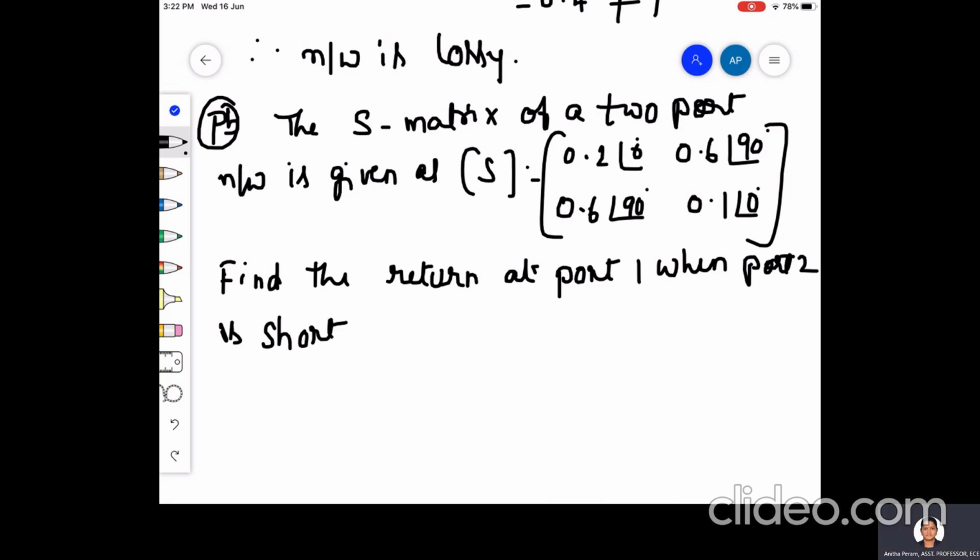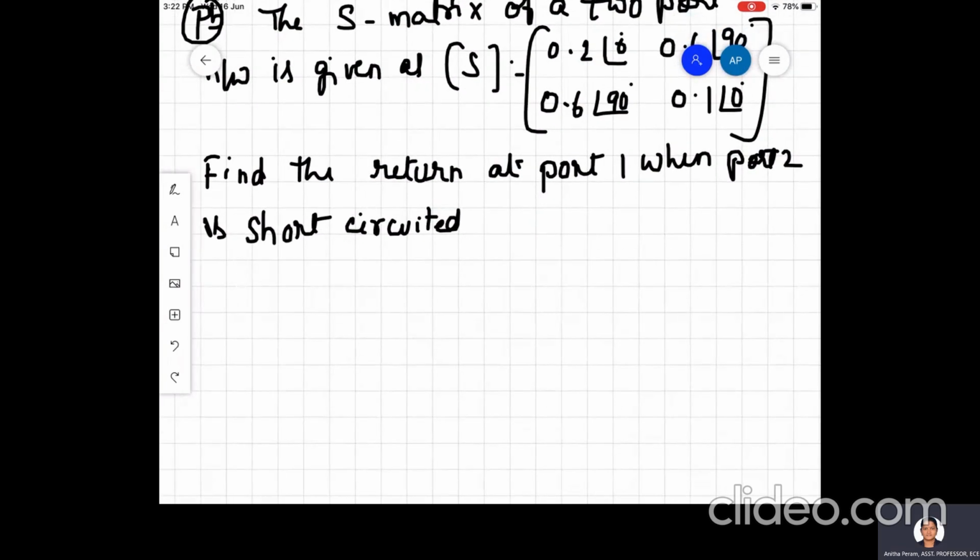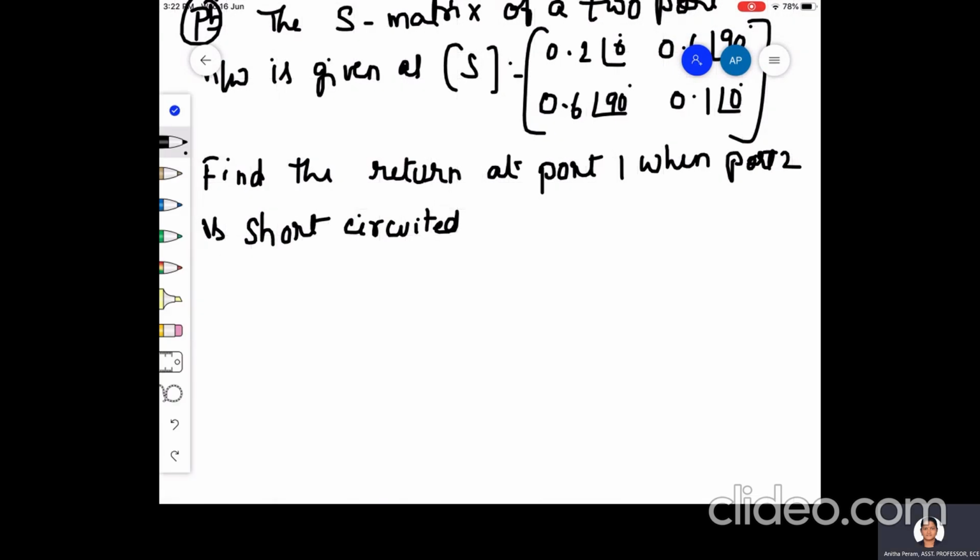So they have connected a mismatched load. They won't specify in the problem whether it is a matched load or mismatched load. By looking at the problem, you need to identify. As port 2 is short circuited, obviously you will get a mismatched load. So you can find the reflection coefficient K1 for a mismatched load.